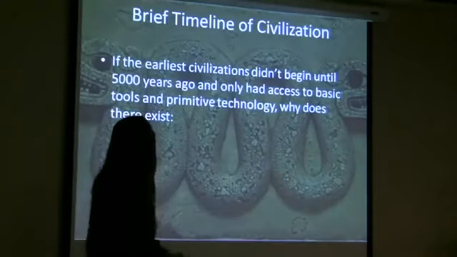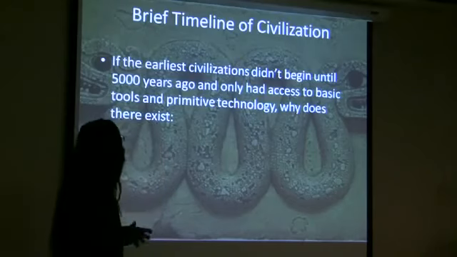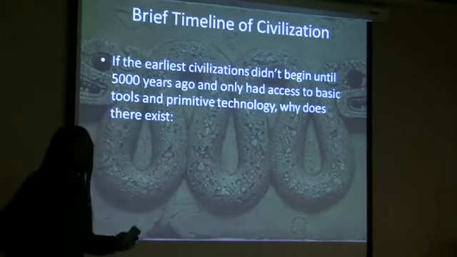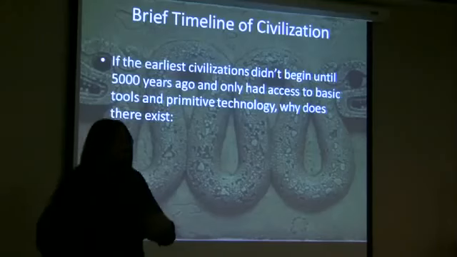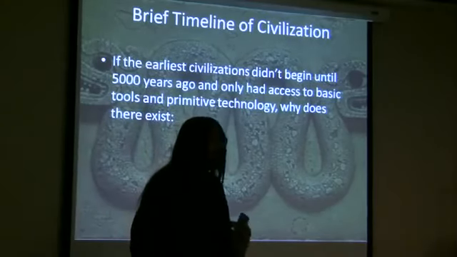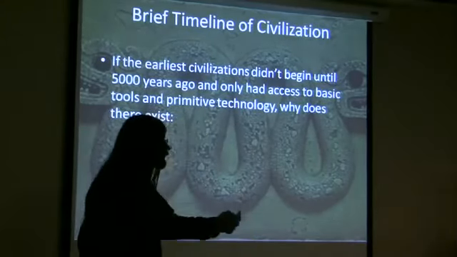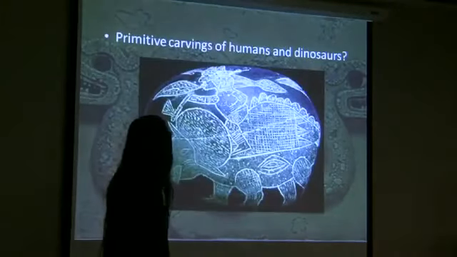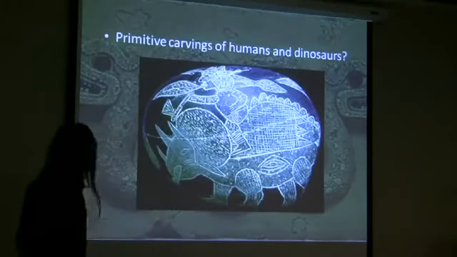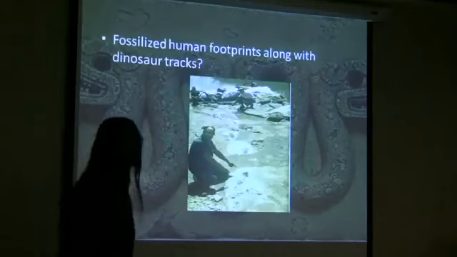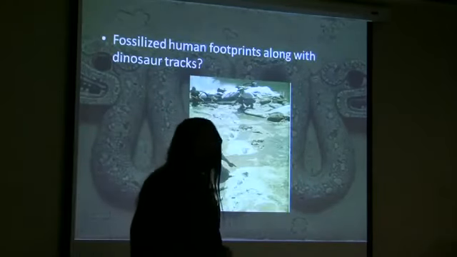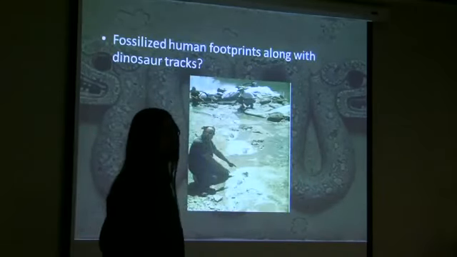So if we go back to the idea that the earliest civilization didn't begin until about 5,000 years ago, and if we assume that humanity when they started was basically a primitive, simple culture, then if we accept all that, why does there exist things like primitive carvings of humans and dinosaurs together? Why does there exist fossilized human footprints found alongside dinosaur tracks?